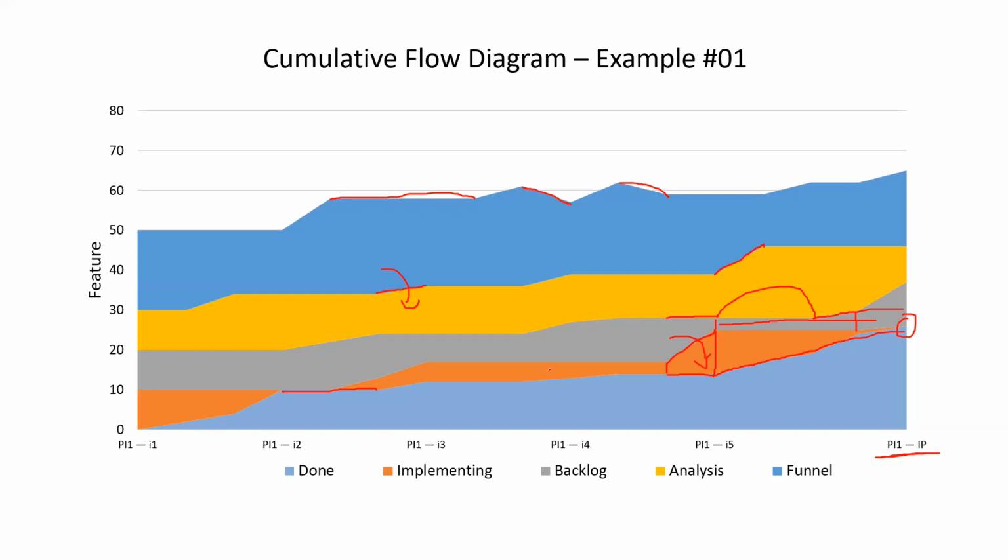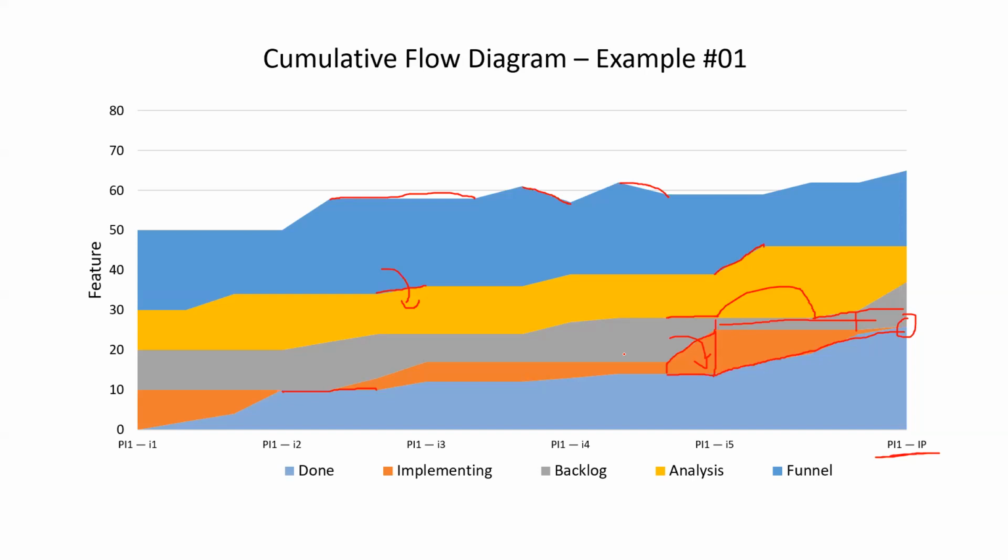All right? Got it? So here the backlog line got reduced because all the items from backlog were moved into implementing stage. That's the reason the backlog line got reduced. The overall line won't go down anytime. The line will be going up continuously.